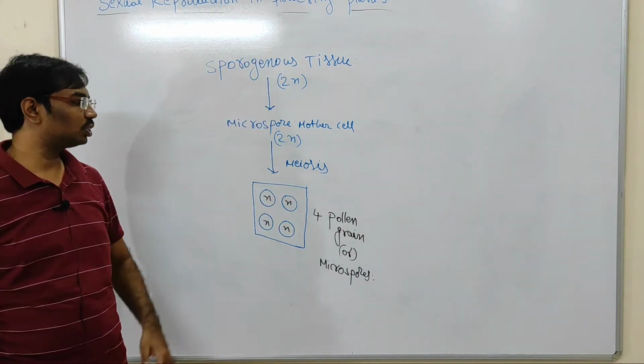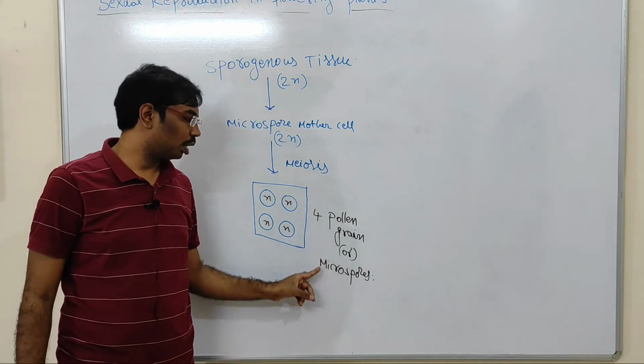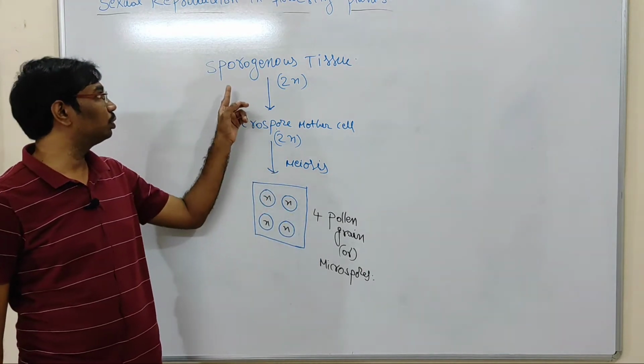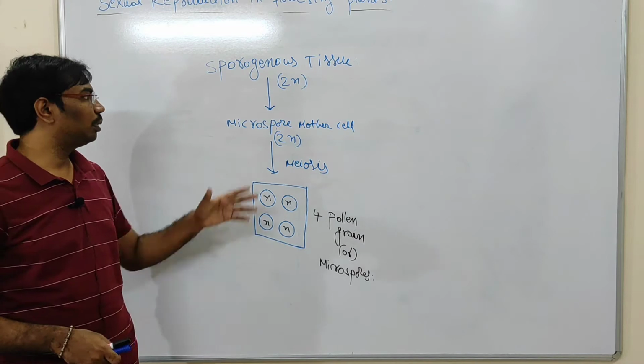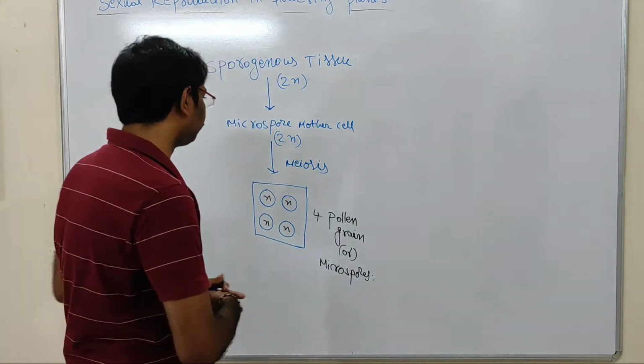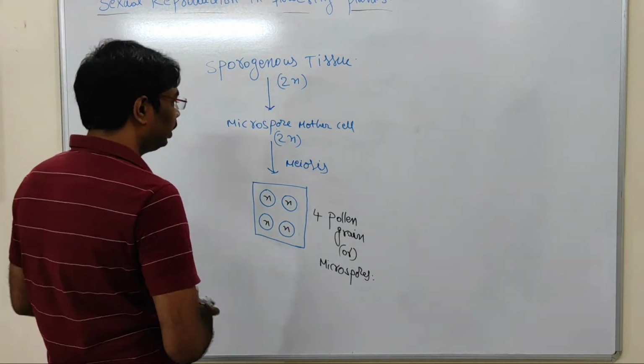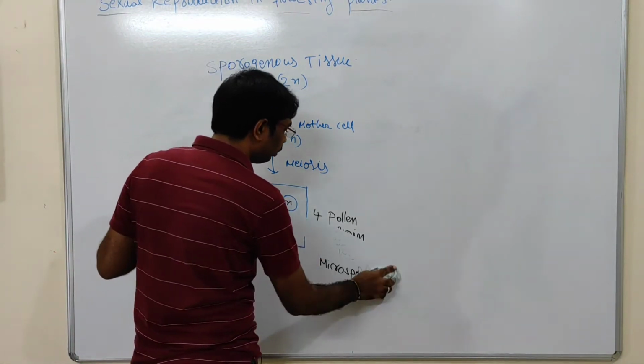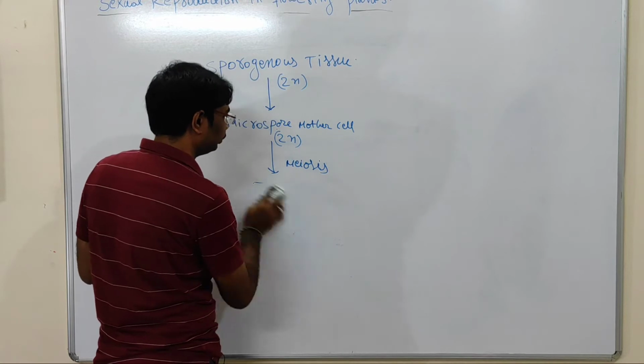This process of formation of pollen grains or microspores is called microsporogenesis. Microsporogenesis is classified into 2 types. Now I will explain the types of microsporogenesis.